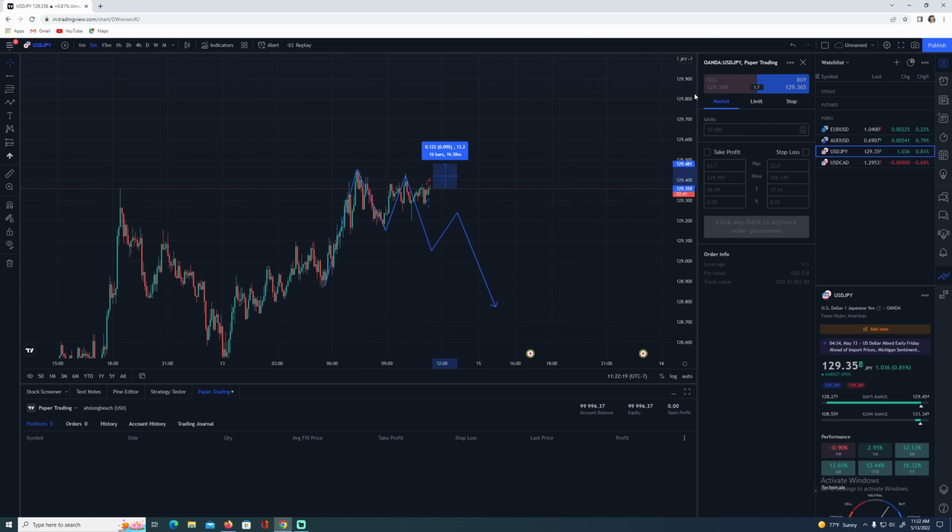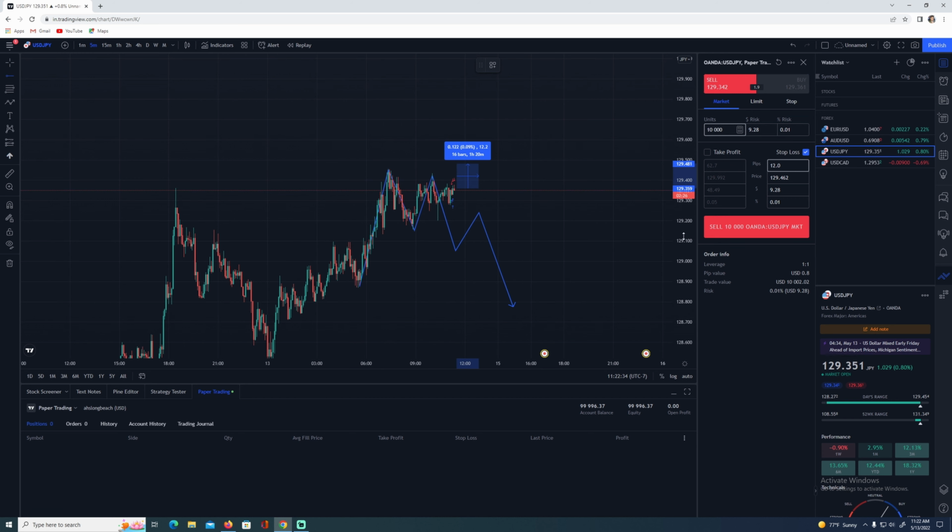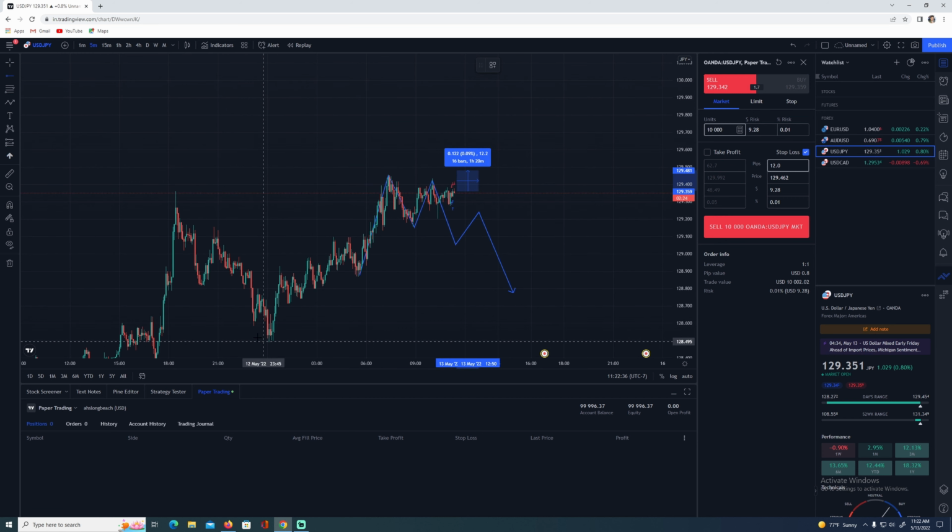So we go over here. Now we know we're selling the market for the same 10,000 units. All right, we want our stop loss to be 12 pips. And let's say we want our take profit to be right here at this low. So we want our take profit to be at 128.488.